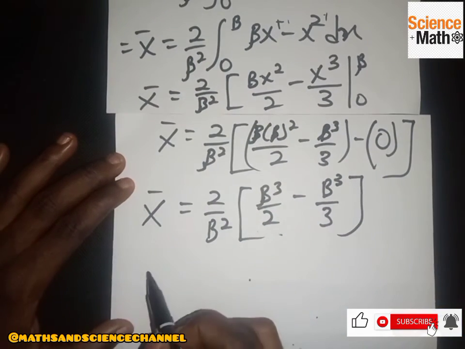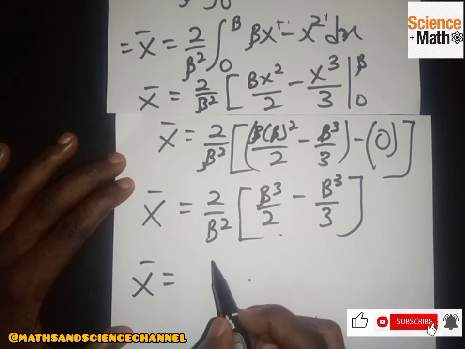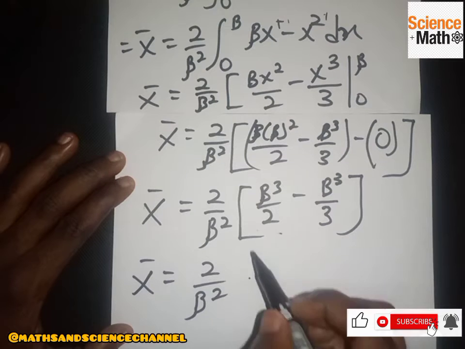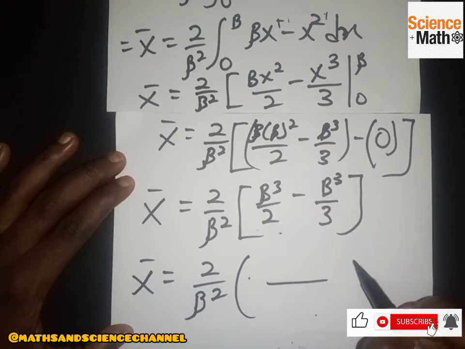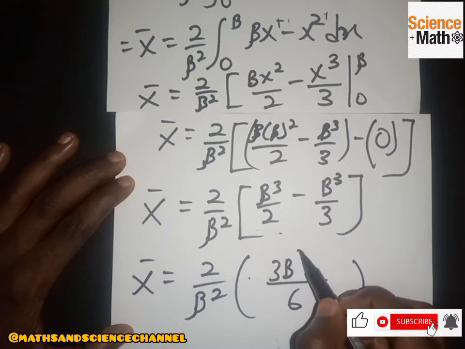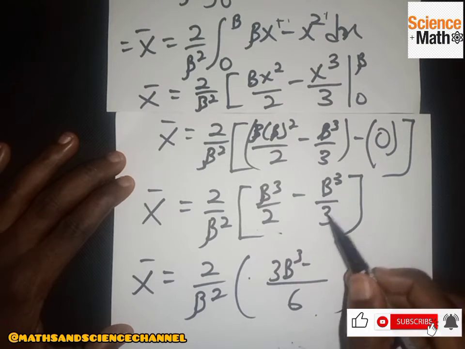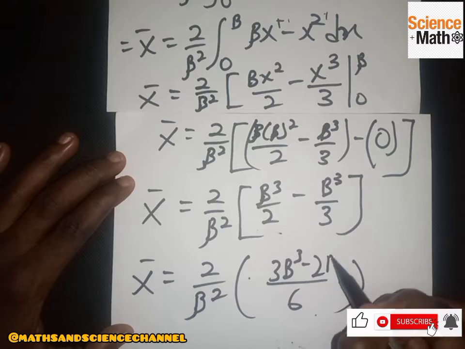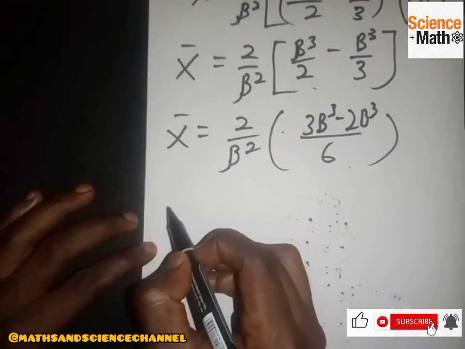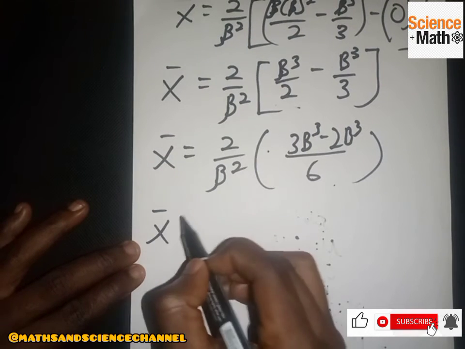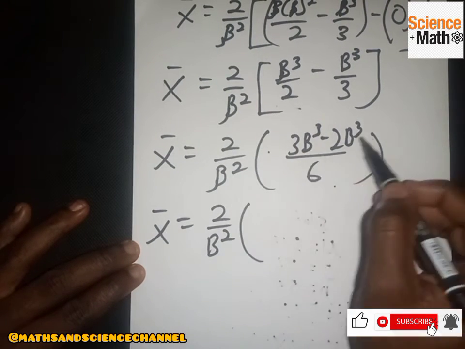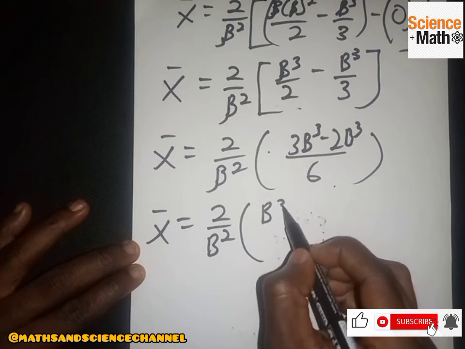So x bar is equal to 2 over β², and then we find the LCM, which is 6: 3β³ minus 2β³, so we get β³ over 6. The mean is 2 over β² multiplied by β³ over 6.